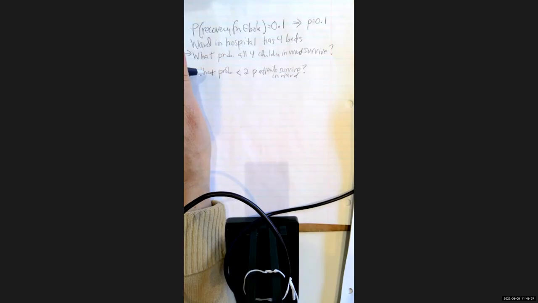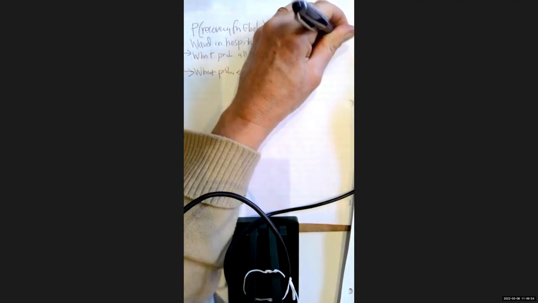We might need to know how many spaces there are going to be for patients in different wards. We may want to calculate some of these probabilities that have to do with managing and staffing our hospital. All right, so we're going to use the 4 beds in the ward as our sample size, little n equals 4.